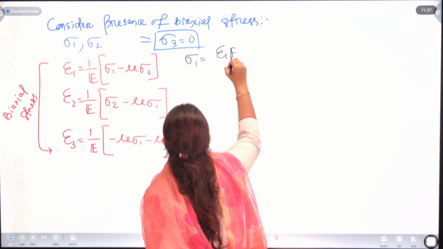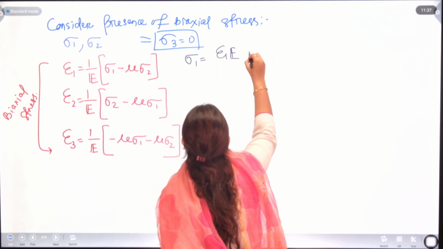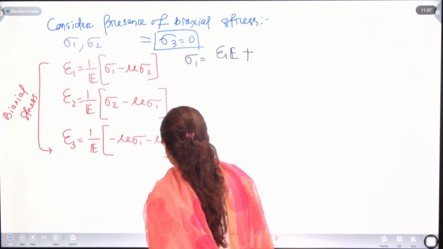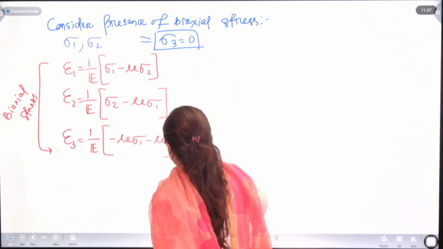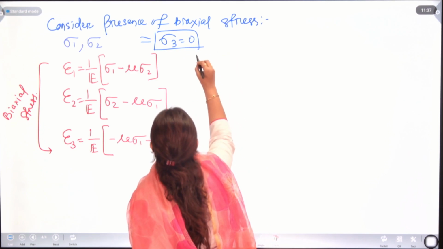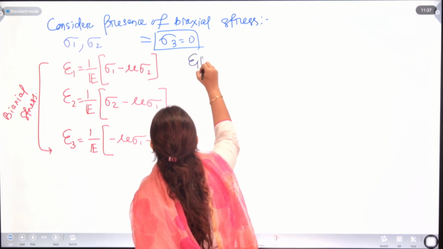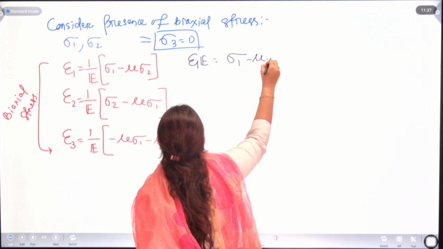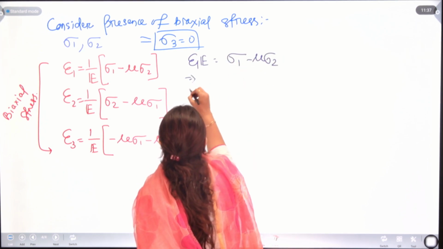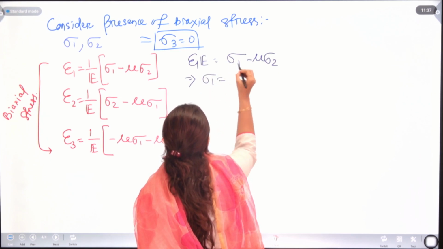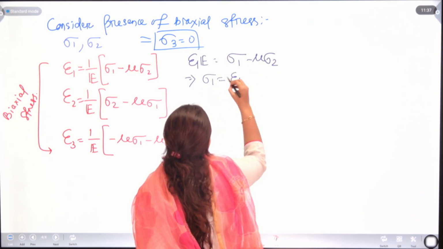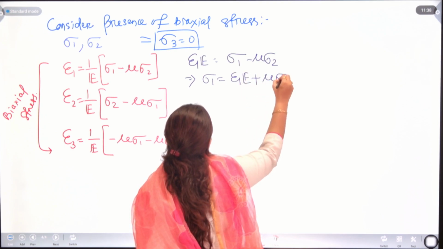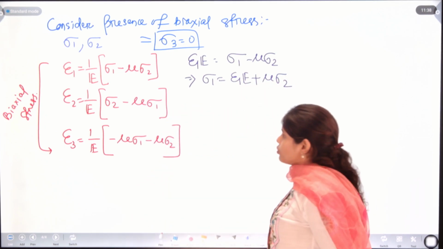Let's just solve it. Epsilon 1 into E is equal to sigma 1 minus mu into sigma 2. That means sigma 1 will be epsilon 1 into E plus mu into sigma 2.